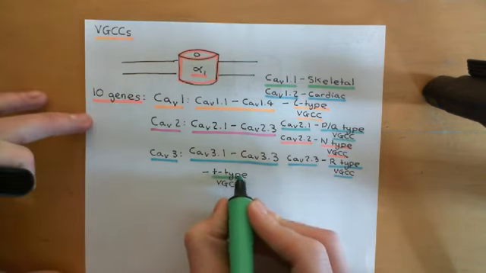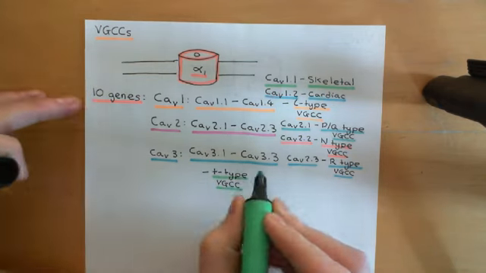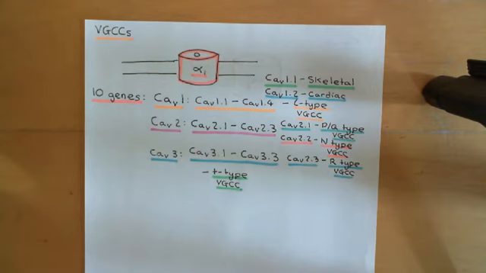So again, that's much broader. It doesn't tell you specifically what gene the alpha-1 subunit was coded by. It tells you that it was coded by one of these three in the CAV3 family.